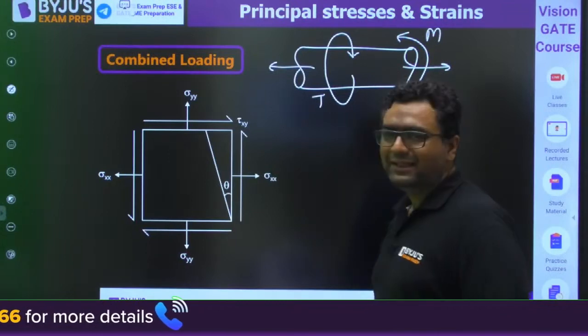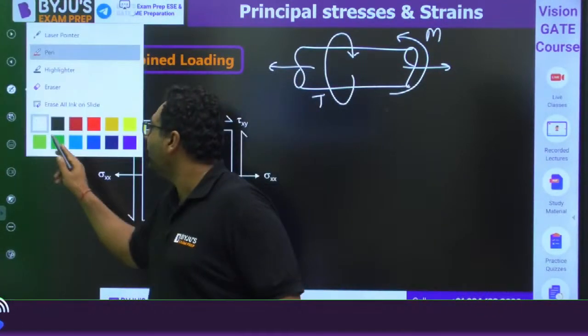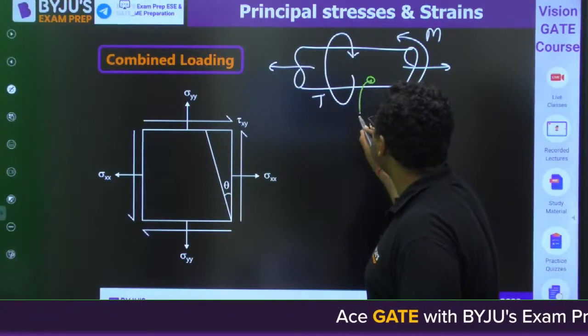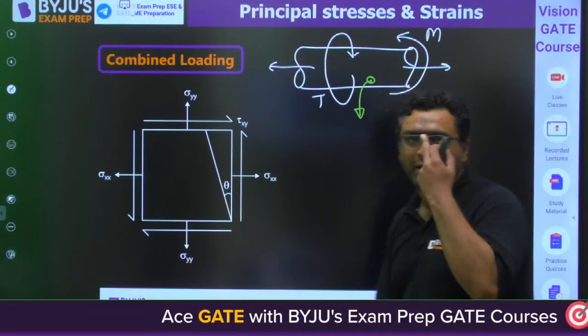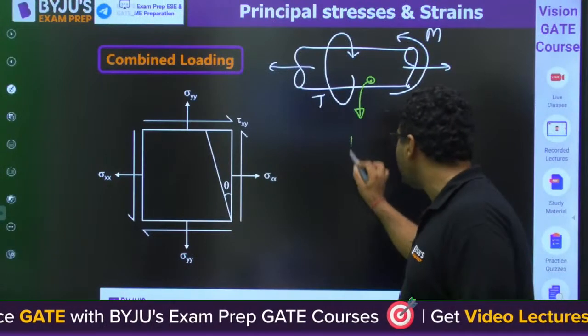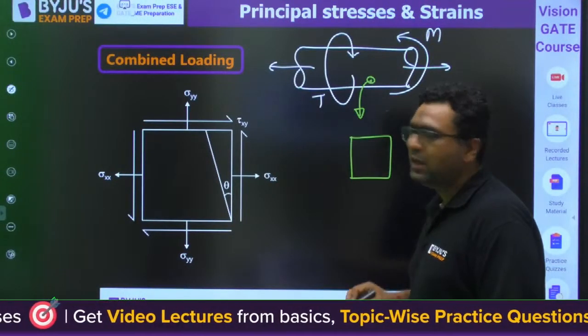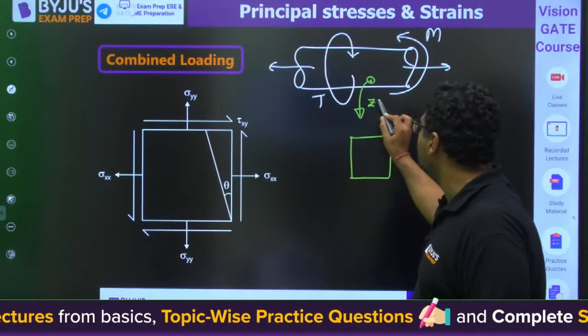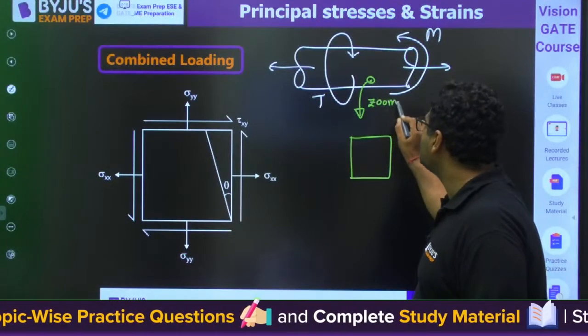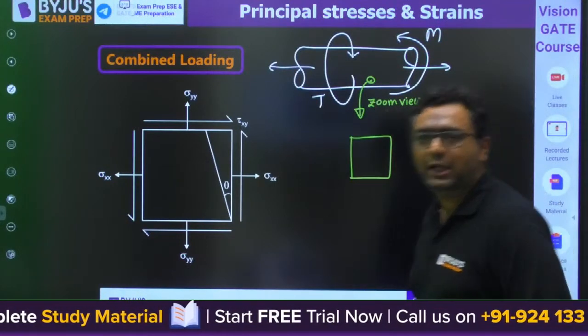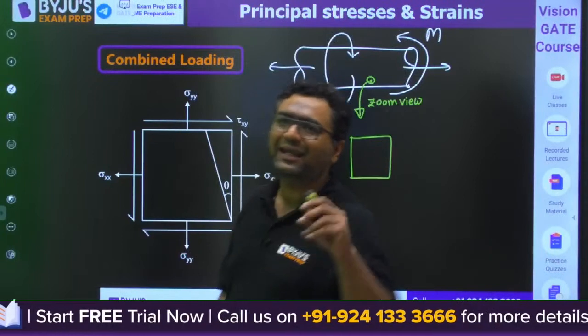After all this loading, if you are going to see the stress at a particular point, let us say at this particular point, you can see this is a small point. When we zoom in on this point, the zoom view will look like a rectangle in 2 dimensions, a cube in 3 dimensions.